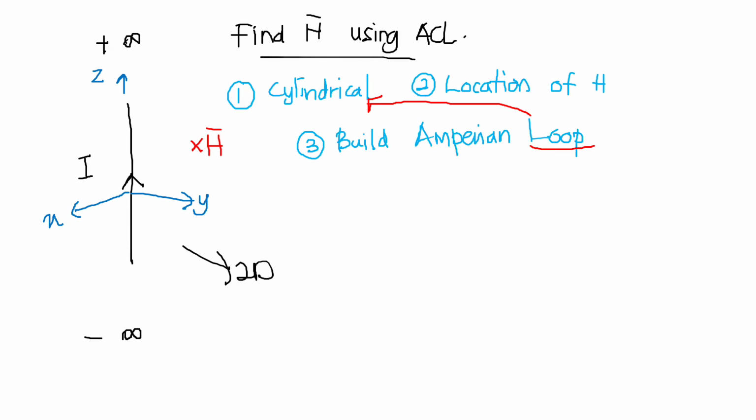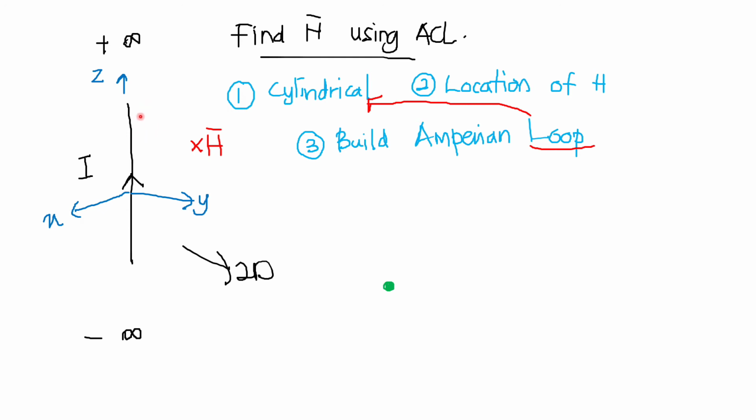So now I'm considering that I have a charge coming out from my paper, so I note it as a dot here. But if we consider the charge is flowing into the paper, this will be a cross. But now I'm considering this particular point of view. So I'm looking at the top of this view.